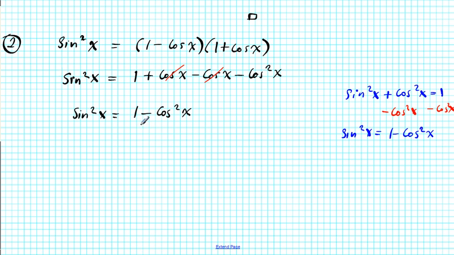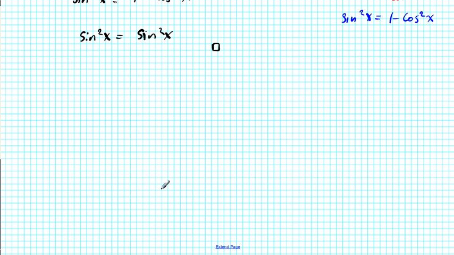Alright? So guess what? I can substitute the right side of this equation with sine square x. So we're going to have sine square x equals sine square x. So since the left hand side is equal to the right hand side, we are done. Okay? Alright, let's move on to question number 3.